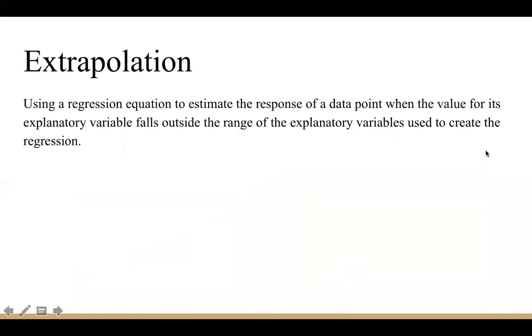Another thing to look out for is extrapolation. Extrapolation is defined as when you use a regression equation to estimate the response of a data point when the value falls outside the range of the explanatory variables used to create the regression. An example that I like to use is if you're trying to estimate the height of a child, but you use the data for heights of adults.